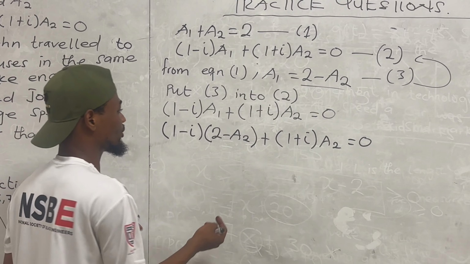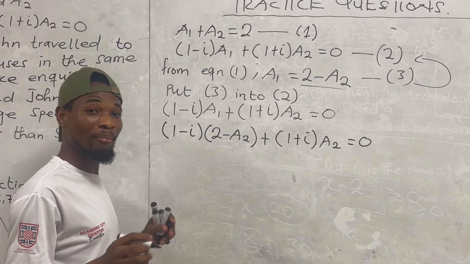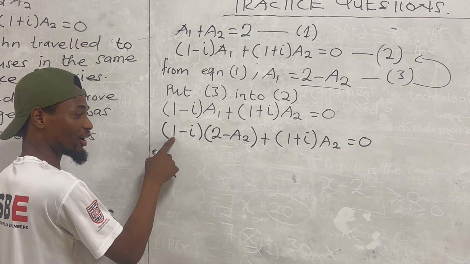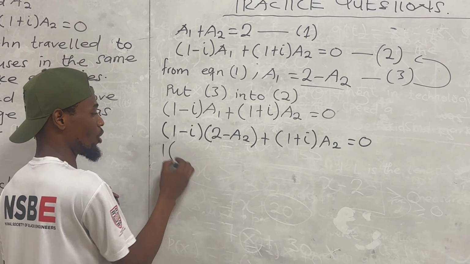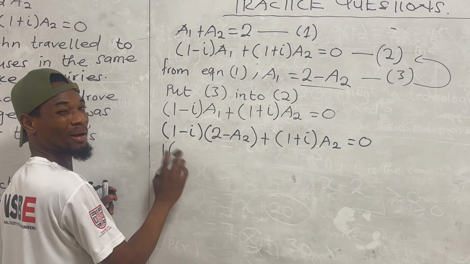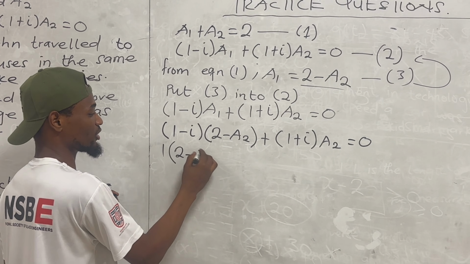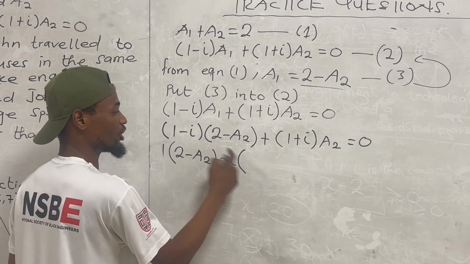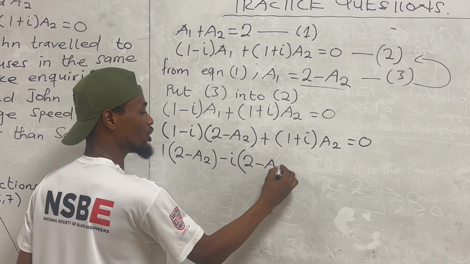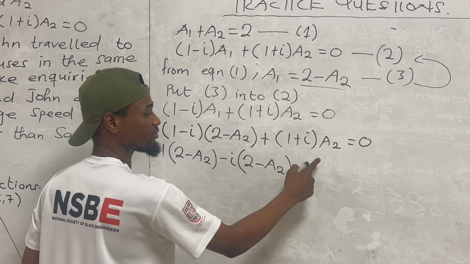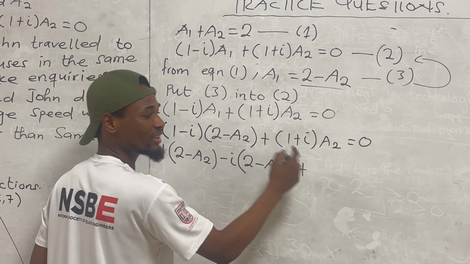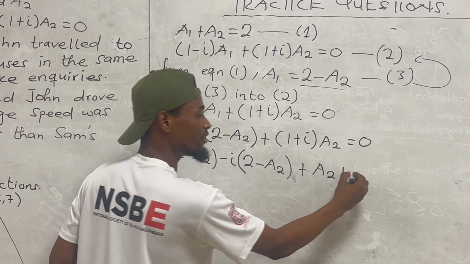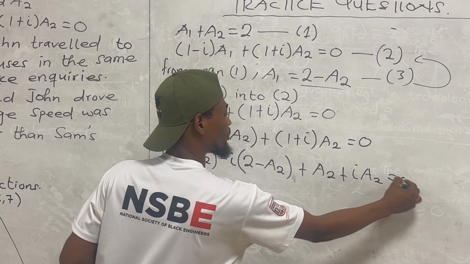I'll multiply, step by step. I don't want to confuse you, so I'll show working. I pick the first term, which is 1, open brackets, 2 minus A2. Then I pick the second term, which is negative I, with bracket 2 minus A2. Then plus A2 by 1 gives me A2 plus I by A2 gives I A2, is equal to 0.